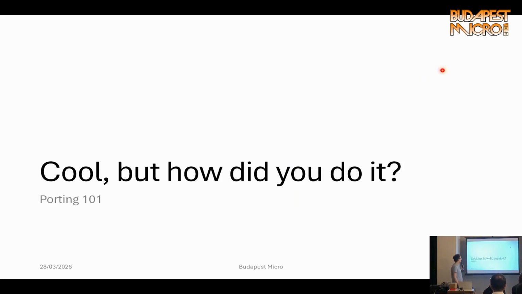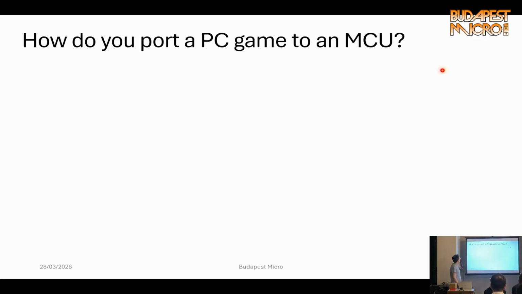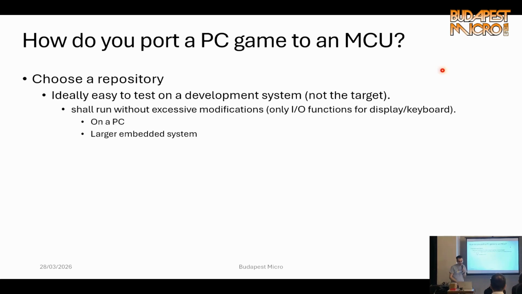So, okay, how did I do this? Basically, I have a recipe. I choose a repository, and I want it to be very easy to start to develop with. And I want it to run on Windows.